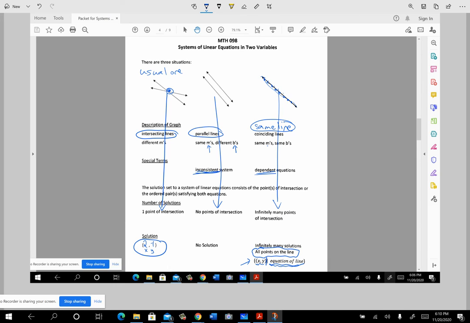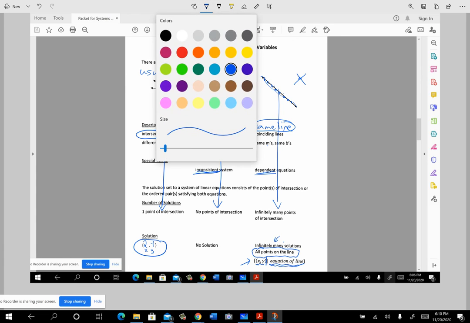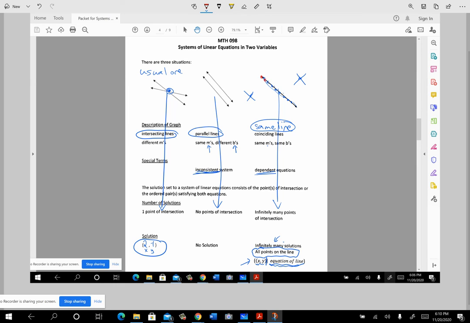Now, what my math lab says a lot of times is just that there are infinitely many solutions. Okay, I'll let you say that, but to me, it's not quite as good because this over here is not a solution. It's not on the line. This isn't a solution. It's not on the line. So I like all points on the line. There are infinitely many solutions, all the points on this line. But that guy's not.